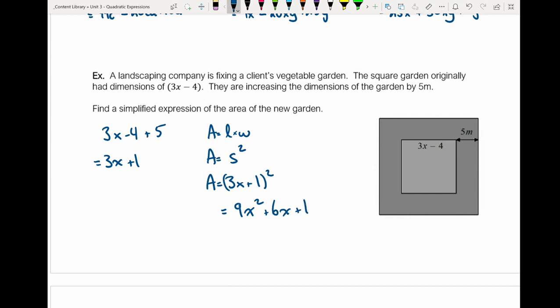So this is actually similar to one of the ones we just did, but this is a simplified expression of the area of the new garden. And if I had a value for x, I could plug that in and find out the actual area. But it just wants an expression for the area, so this is all I have to do.